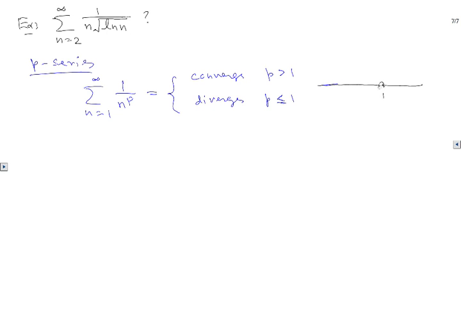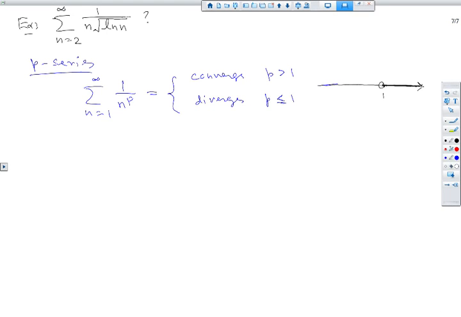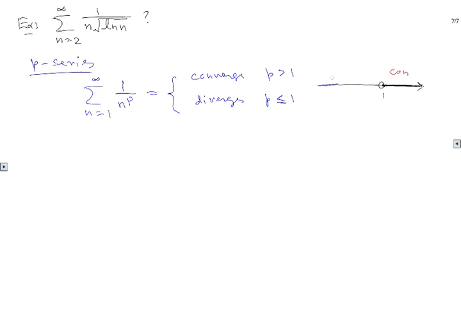It's going to converge on this side, the open interval, and diverge everywhere else. So 1 to infinity converge, -infinity to -1 closed, diverge. So this is what we call the p series test.